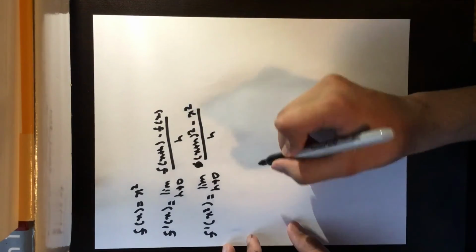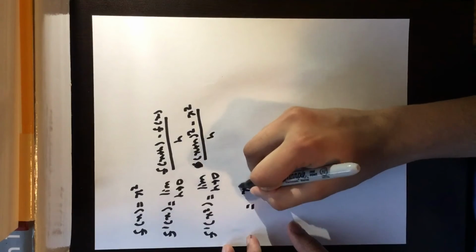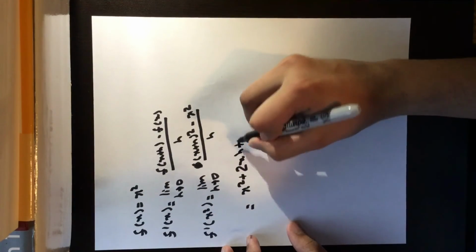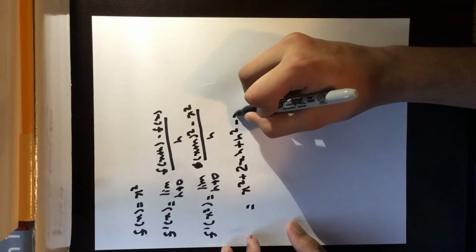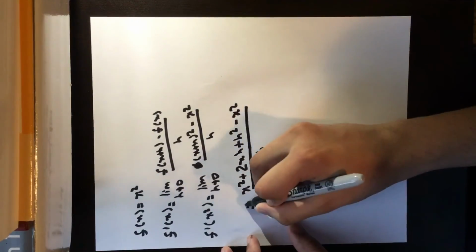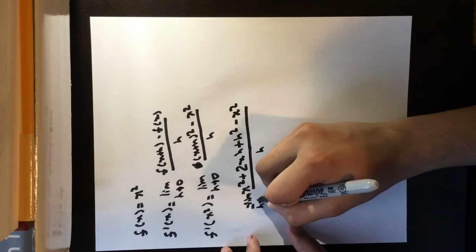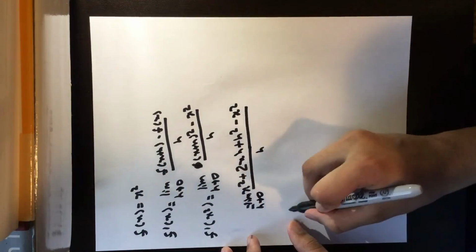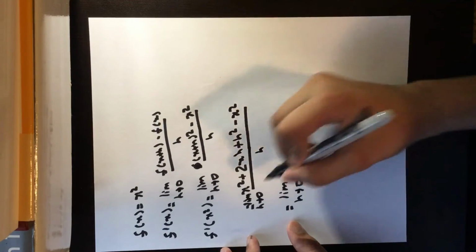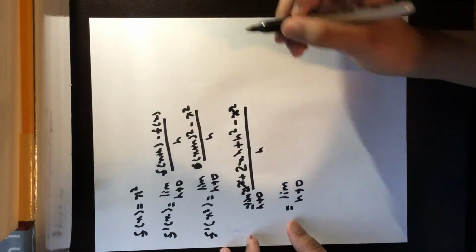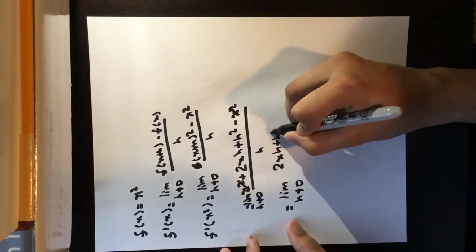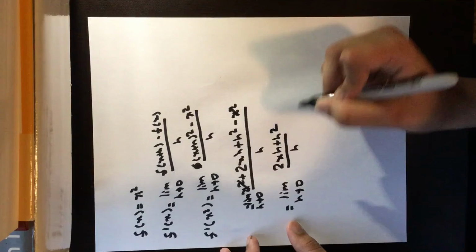So expanding this out, this equals x squared plus 2xh plus h squared minus x squared over h, and the limit is h going to 0. This equals the limit h going to 0, and the x squared terms get canceled out. So we just end up with 2xh plus h squared over h.